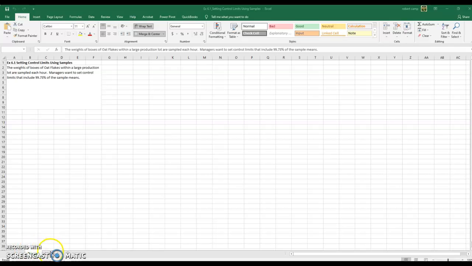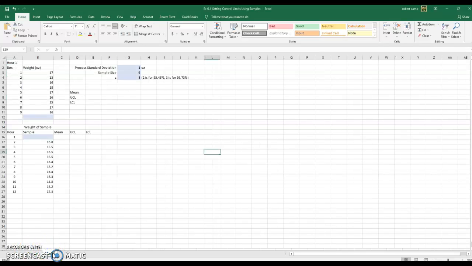So if we go over here to the model, this is where I say it gets tricky. Every hour, they pull 9 boxes, and they average those together to get our sample mean. They do that 12 times, so over the next 12 hours. So basically we have a sample set where we're taking a sample at different intervals, and then we have the sample itself, which is every hour we pull 9 boxes.